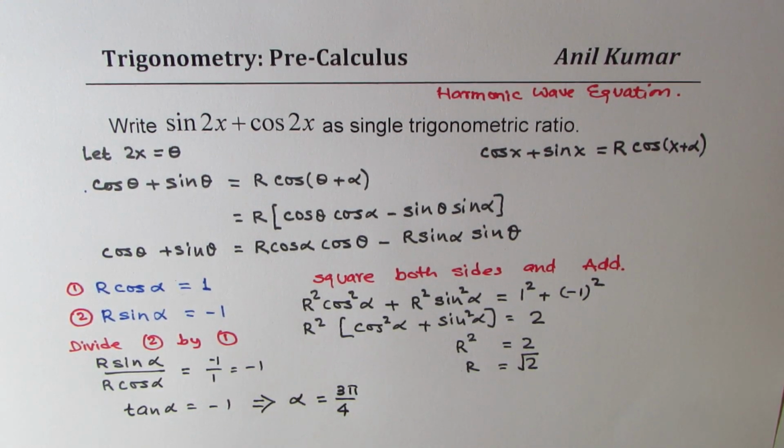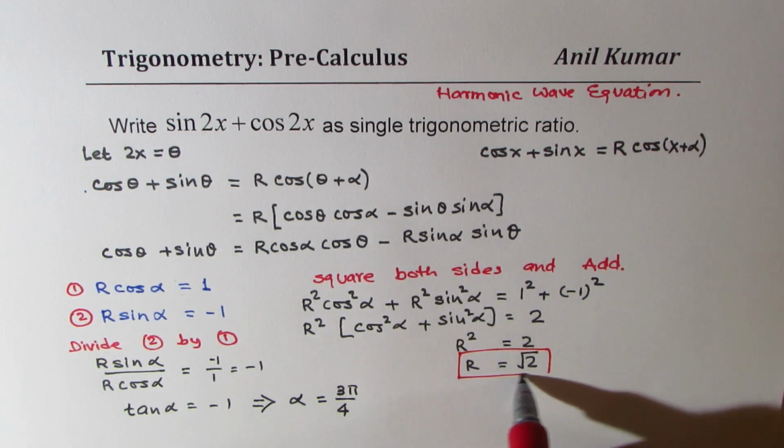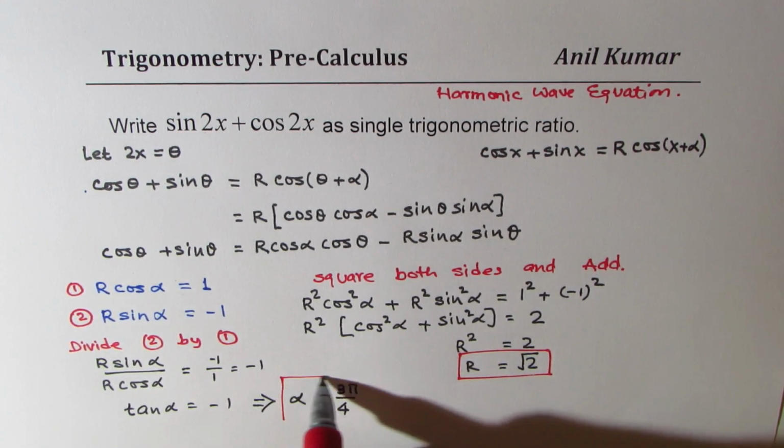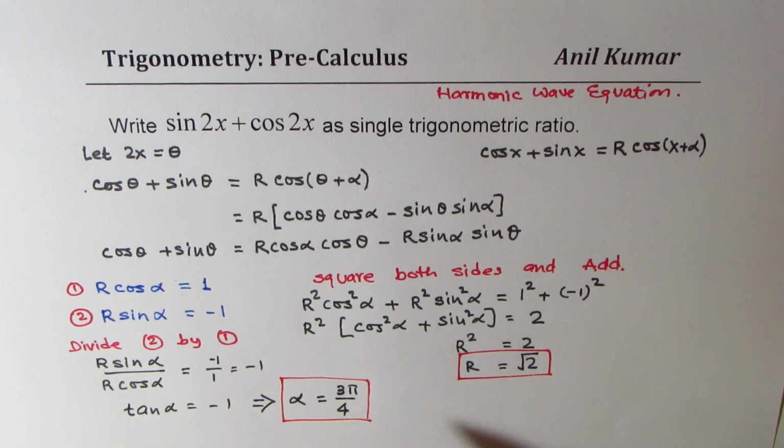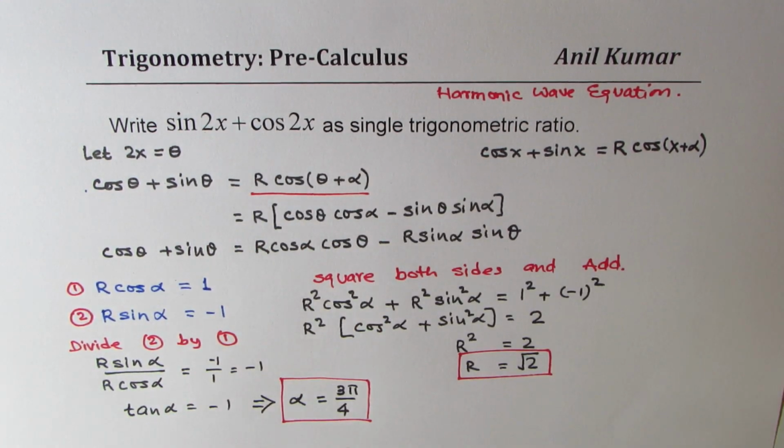Correct? Now from here, we know r is equal to square root of 2, alpha is equal to 3 pi by 4, and therefore we can now write what r cos of theta plus alpha is. Correct?